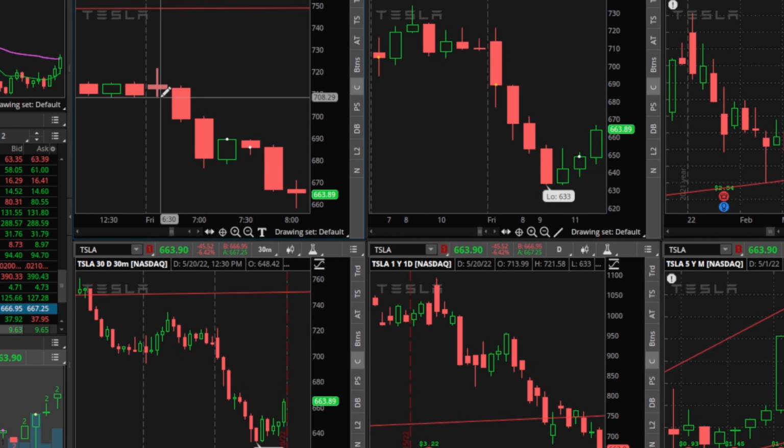What I saw here was after this candle started forming, it had a little wick up, and then the price action started going down. So at around 708.29, somewhere in that ballpark, and then maybe a little farther than that, a couple dollars after that, you could have got in on a put, on an options put, or gone short.